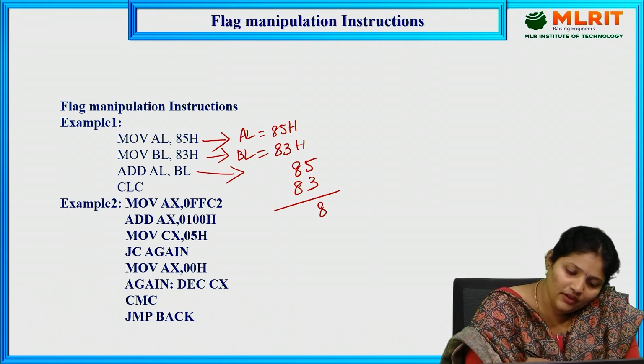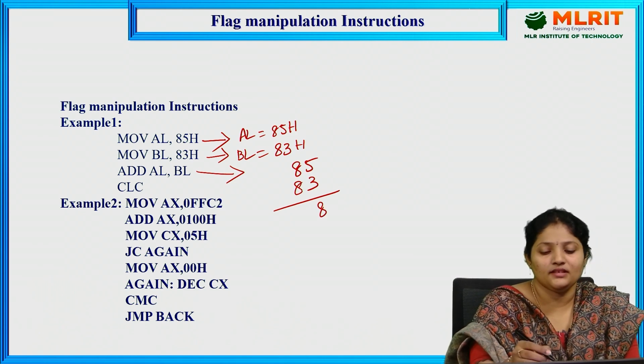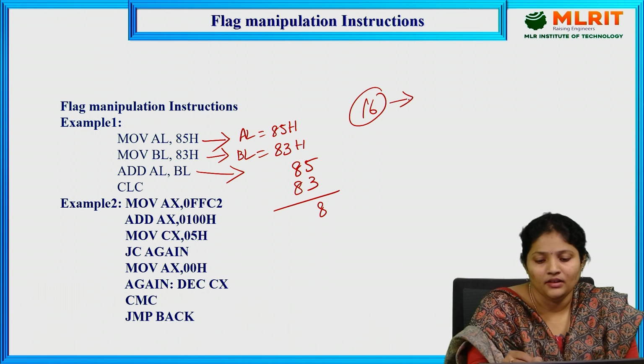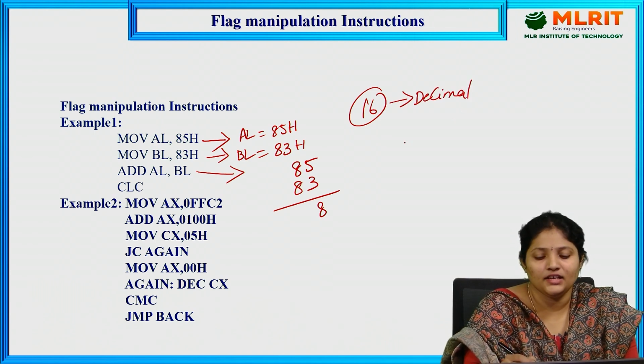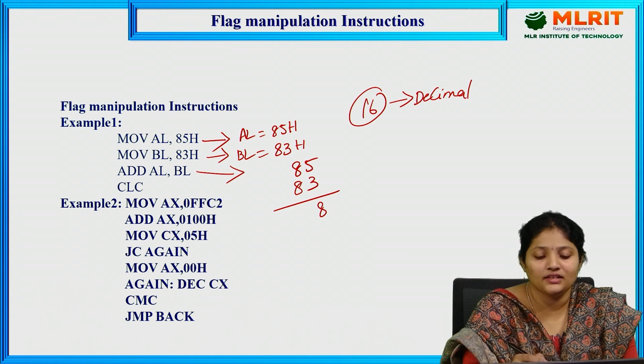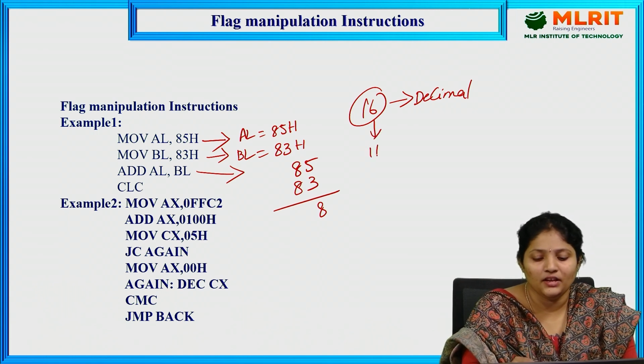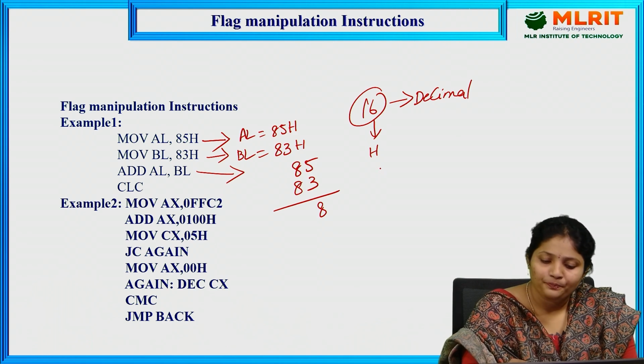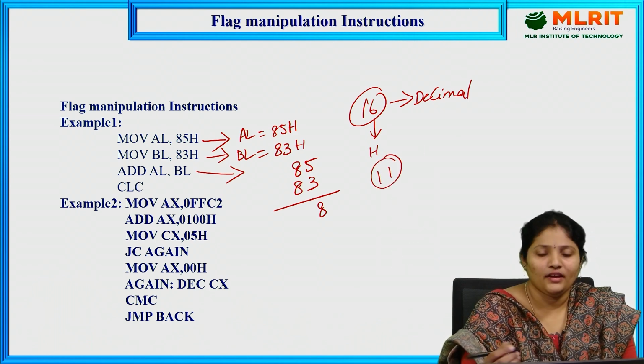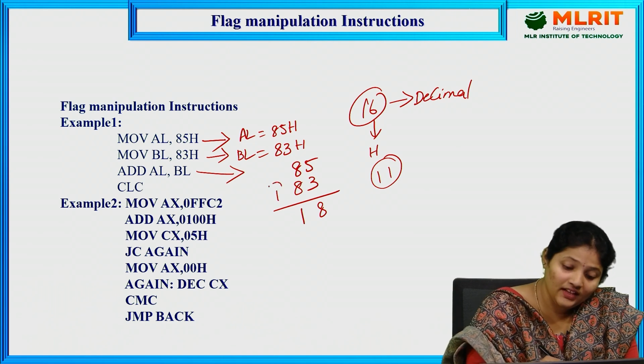Now 8 plus 8 will be 16 in decimal, but the execution is always in hexadecimal. So we get 1 with a carry of 1.